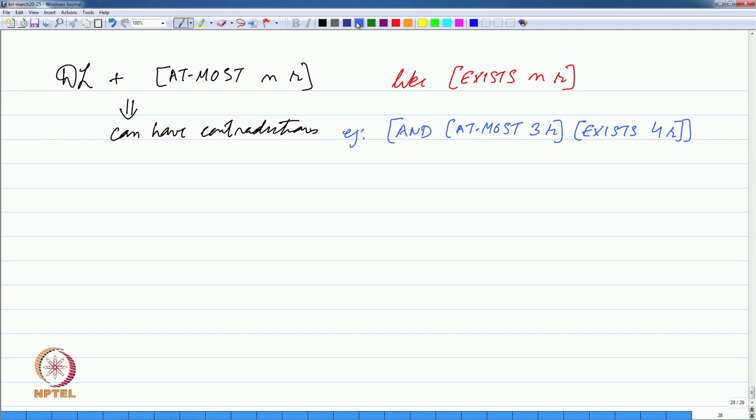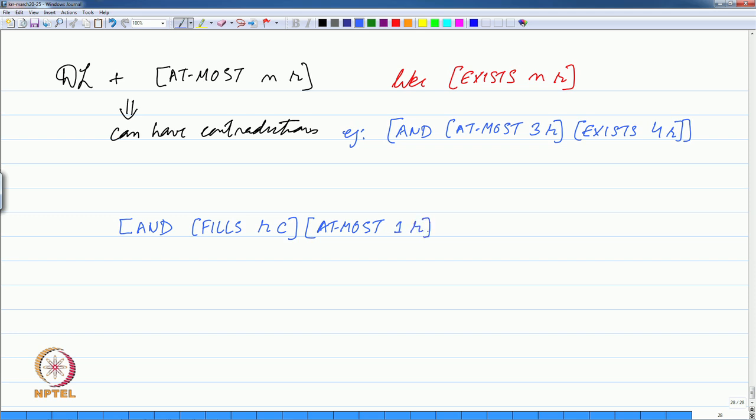Let us say that we have a description: C is a role filler for R, and at most one role filler.